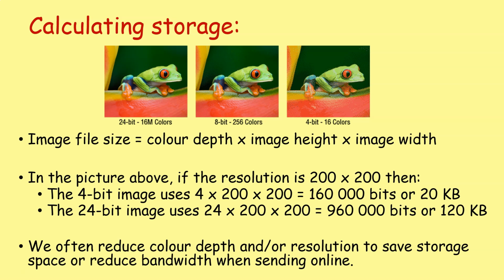If we were also to increase the amount of resolution, maybe 400 by 400 or 1,000 by 1,000, you can see we'd be using much greater amounts of pixels and needing a lot more storage space to store all that on our computer. This is why we often have to reduce color depth or resolution in order to save storage space or reduce bandwidth when sending images online.